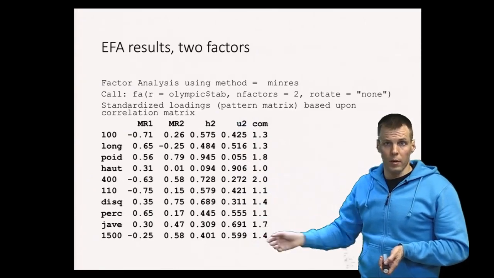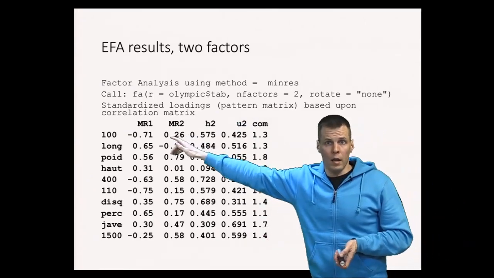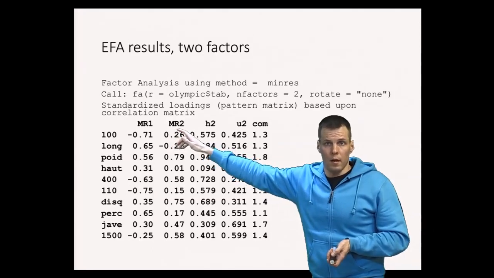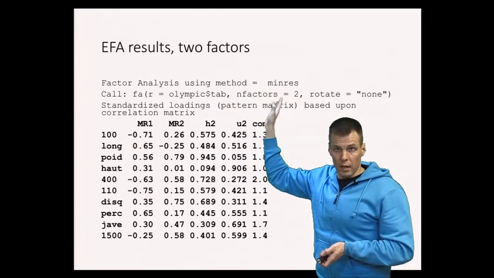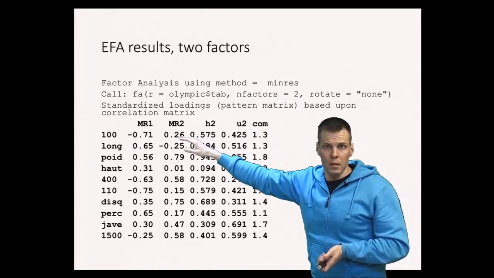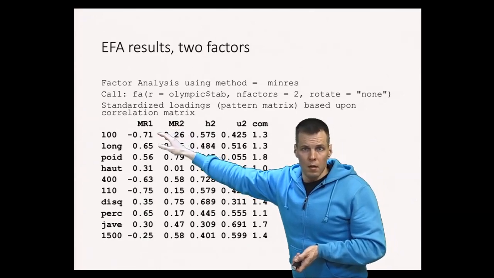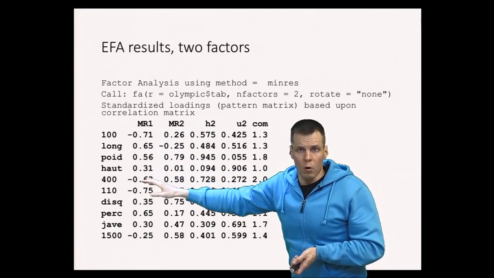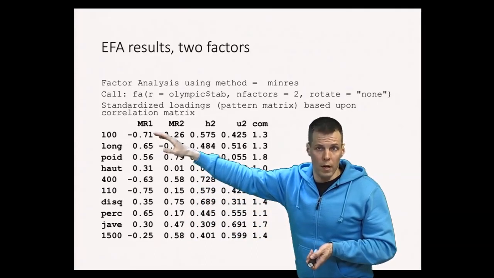Then we have two factors, MR1 and MR2. The MR simply comes from the fact that we estimated using the MinRes technique. You don't have to care about what that means. So we have a first factor and second factor, and these are called factor loadings, and they are in correlation metric here.